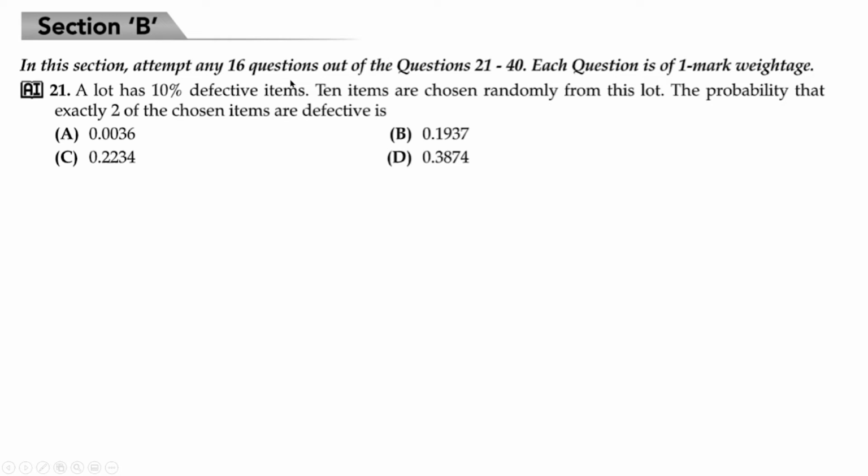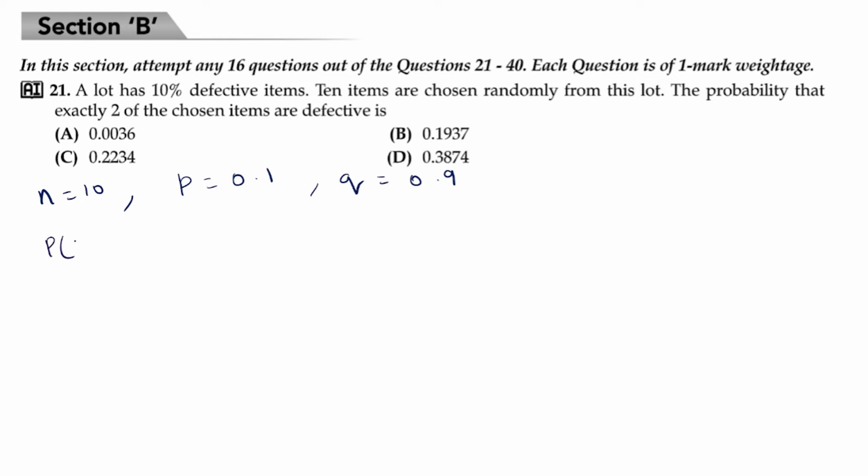So here this is a binomial distribution and we need to find the probability that 2 of the chosen items are defective. So the probability of success is the probability of getting a defective item. So here n is equal to 10, p is 10%, which is 0.1, and q is 1 minus p, it is 0.9.